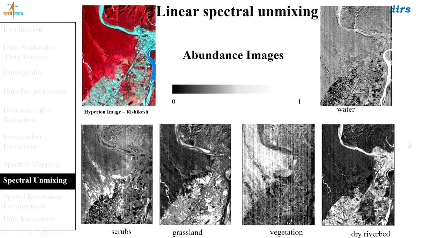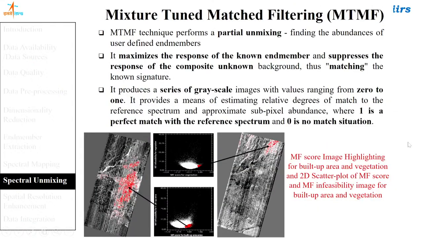It may be with a higher score, meaning whatever percentage of that feature is present is coming over here. Then another technique is mixture tuned matched filtering. In this matched filtering, suppose this is a partial technique, where whatever end member you are going to extract, you can only give that end member and it will highlight the feature, and the remaining features will be suppressed.